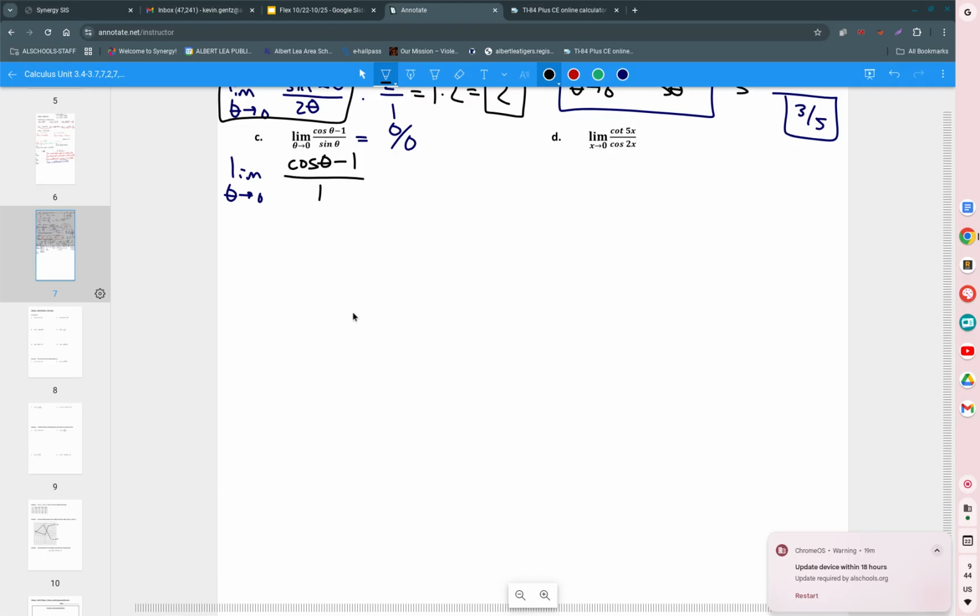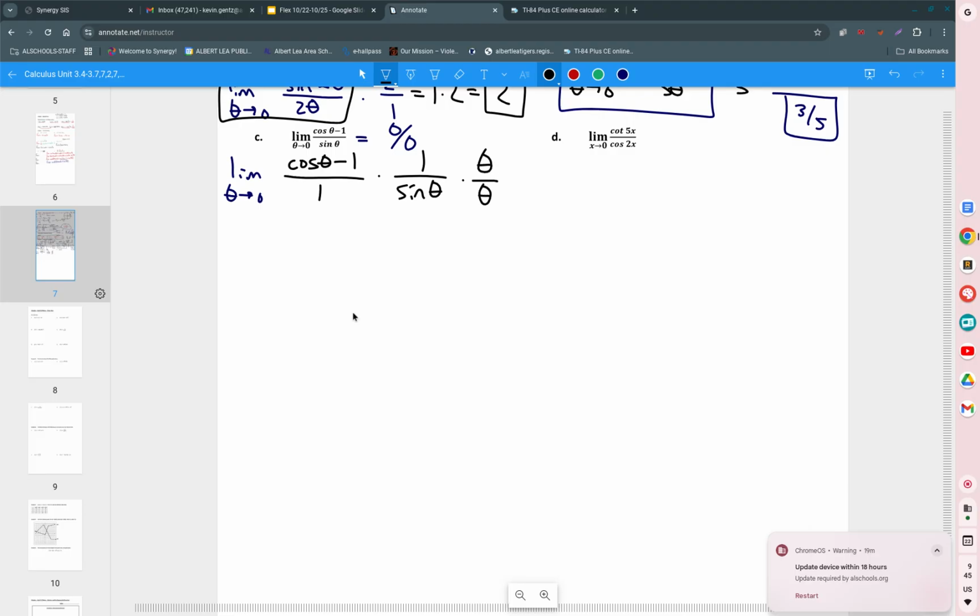I'm going to write it as cosine of theta minus 1 over 1, and I'm going to multiply that by 1 over the sine of theta. So I just split it apart into two fractions. Now, what do I want in the bottom here? I want theta. So what should I multiply by? Theta over theta.